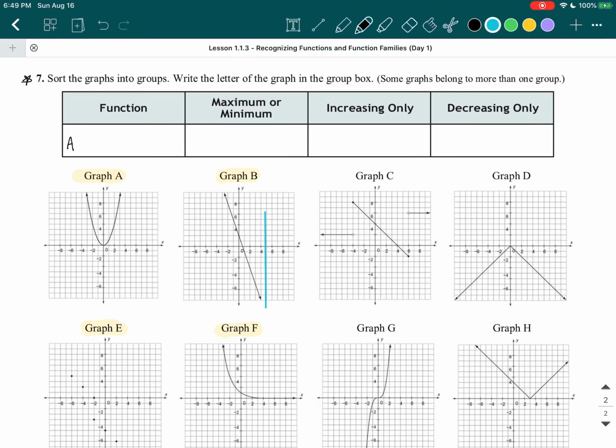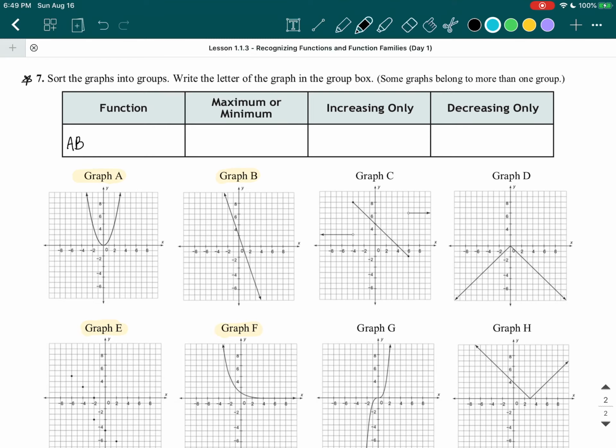It's all 1 point, so B is also a function. Okay. Let's focus on A and B so far. That way, you guys can do E and F, and then we'll check E and F together, okay? So we just found that graphs A and B were both functions.